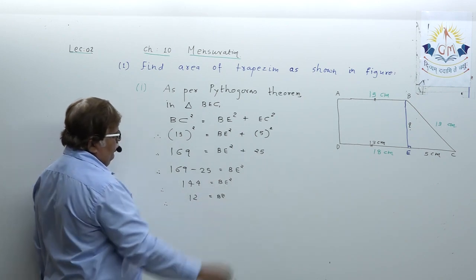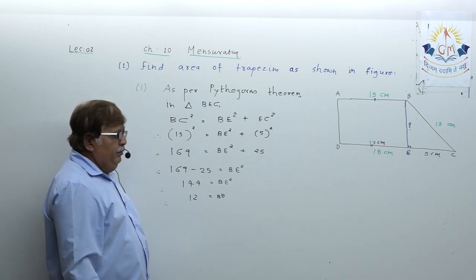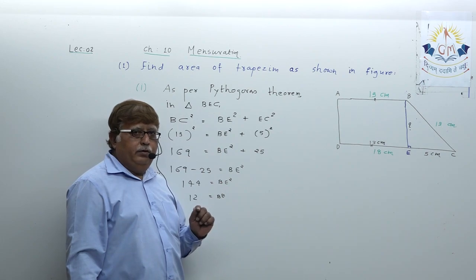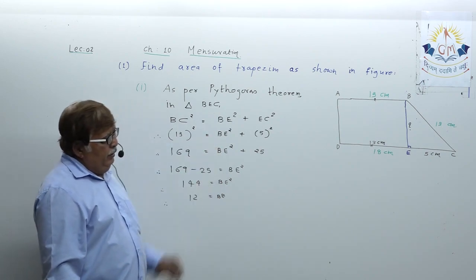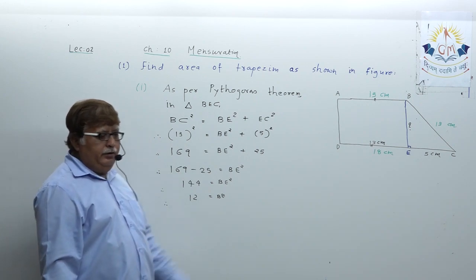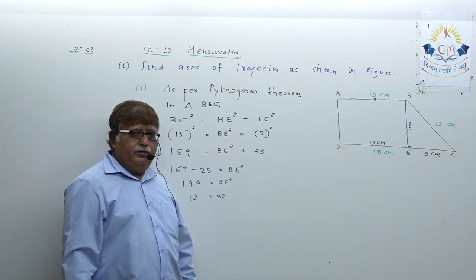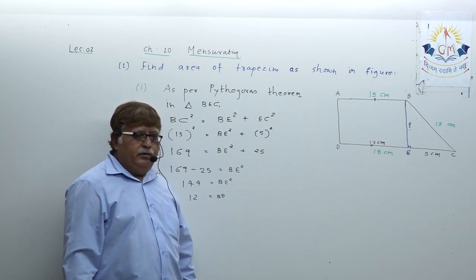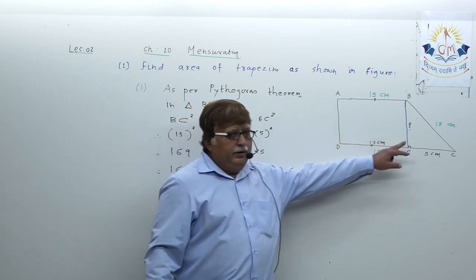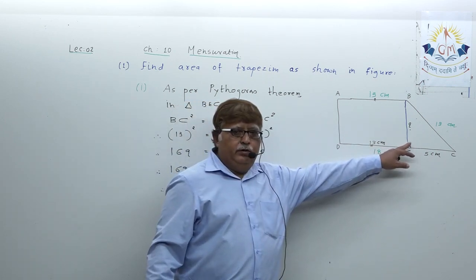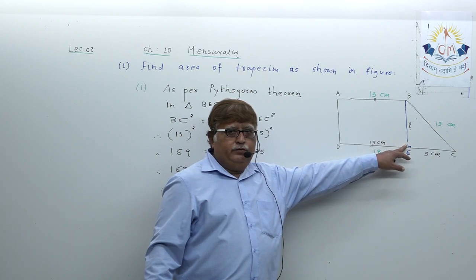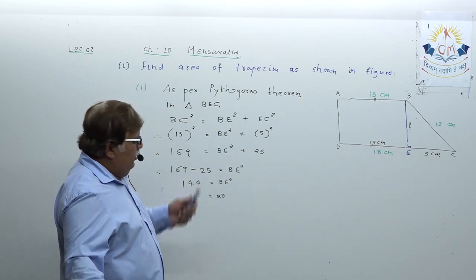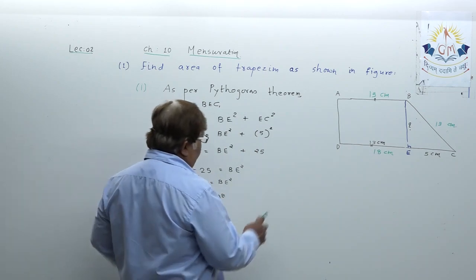So this is your first step in this sum, applying Pythagoras theorem and finding altitude BE, which is actually the distance between the two parallel sides, by applying Pythagoras theorem in this particular triangle.